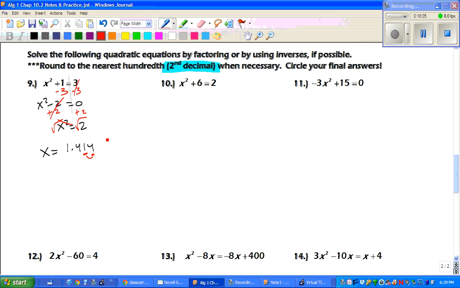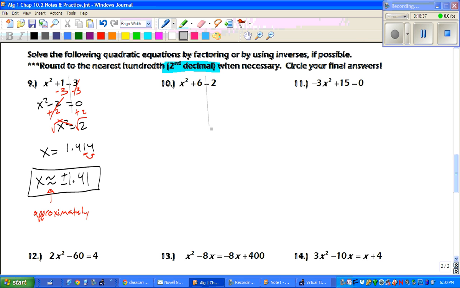And remember, 5 or more, raise the score. 4 or less, let it rest. So the 4, we're actually going to keep it down. And remember that it's always plus or minus. Now, since we rounded it, we have to use the squiggles. And the squiggles right here, this means approximately. Okay, anytime you round, you should be using those marks. Okay?